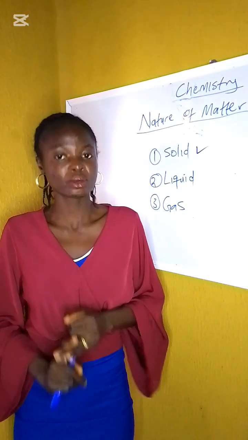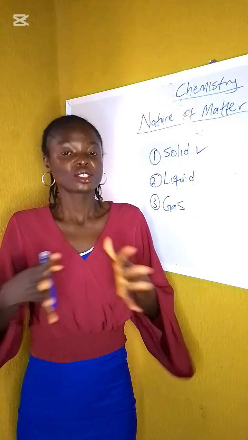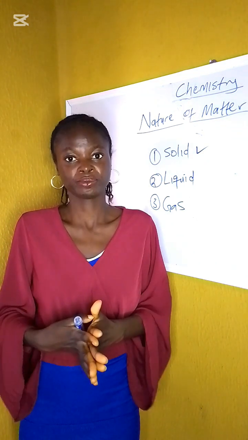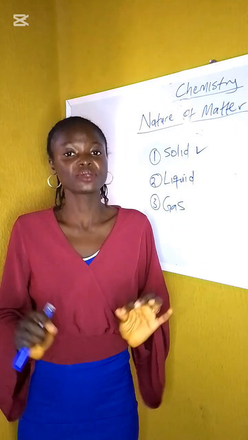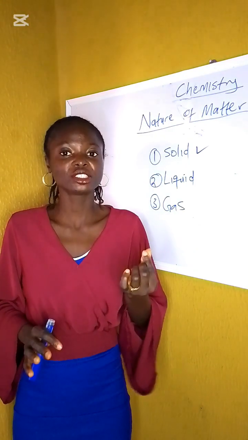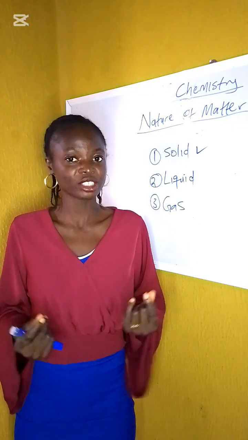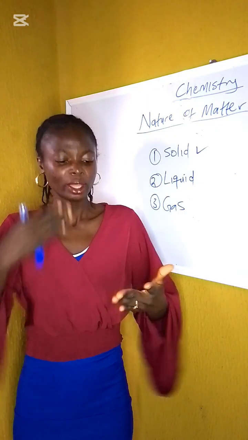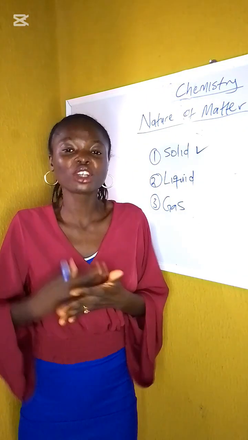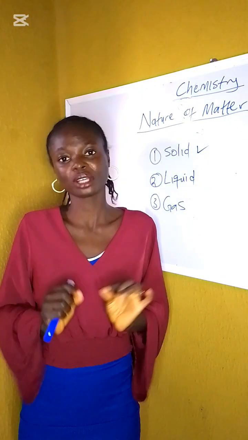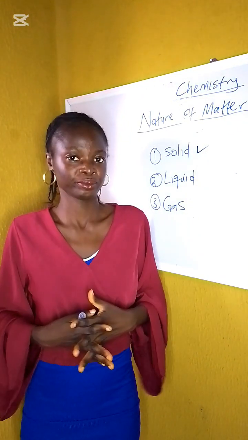Number three is that solids have definite shapes. We have seen a solid, you can say this is rectangular, circular, or square in shape, or whatever shape the matter comes in. Once you know the shape of a matter, it is very easy for you to calculate the volume.